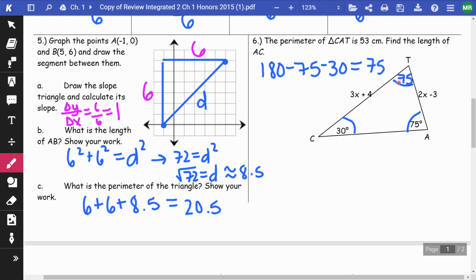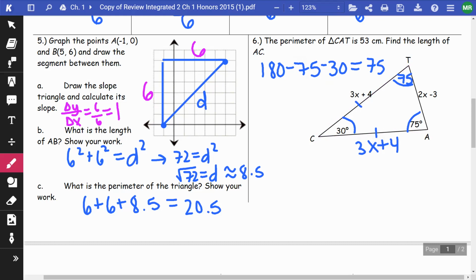Now looking at this, this is 75, this is 75, this is going to be isosceles. So what that means is that this side here is going to be the same as this side here. Okay, so I can write that this is 3x plus 4, because this side and this side have to be the same.